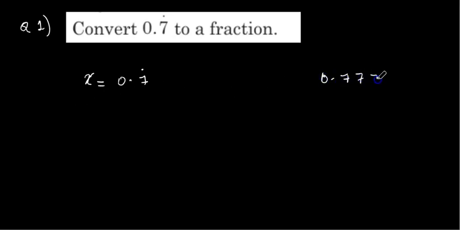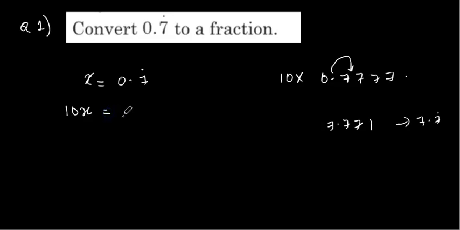So we have x is equal to 0.7 dot, which is 0.777 getting repeated. Now I multiply this by 10. The point will move one place to the right and it would become 7.777, which is literally 7.7 dot. So I will multiply by 10 on both sides and get 10x on this side and 7.7 dot on the other side.